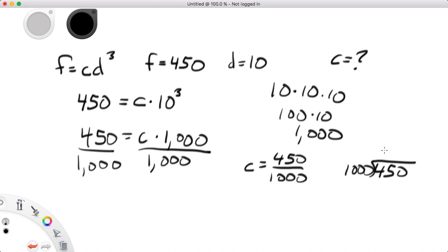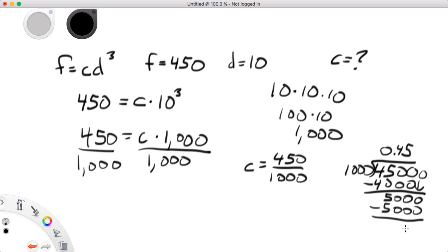Well, if I want to get C, I need to divide both sides by 1,000 because I've got to isolate C. And I end up with C is equal to 450 divided by 1,000. Well, if you did it on a calculator, that would be easy. I'm going to go ahead and do it by hand over here.